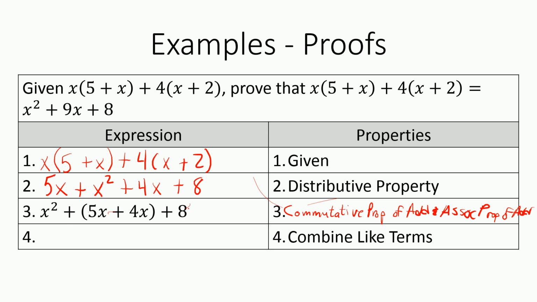We can just combine the 2 terms on the inside. So I rewrite x squared, 5x plus 4x, I just add 5 and 4 to make 9x, and then plus 8. And that means I'm finished because I've filled in everything. And I look up here and I have the same expression as we were going for. So we've proven that this expression can become this expression using these properties.